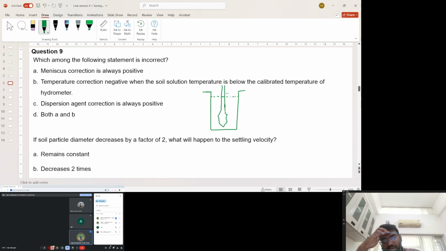So if you enlarge it, the ideal demarcation in hydrometers will be like this, which will start at 0.995, 1.000, 1.005, 1.010, and it goes on up to 1.030.